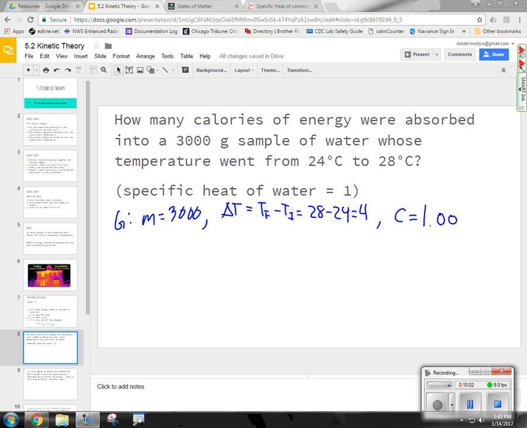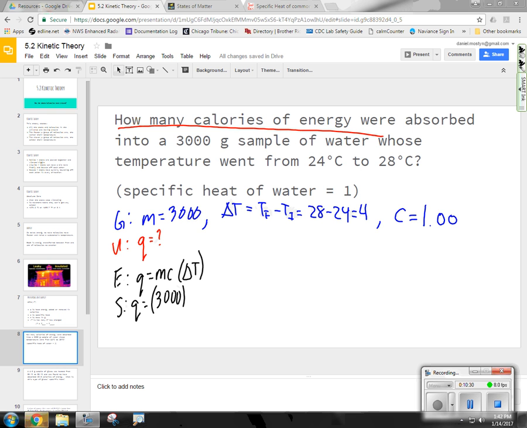Unknowns. Well, we're looking for the amount of energy that was added. So, we're looking for Q, because Q stands for heat energy. Our equation is Q is equal to MC times delta T. When we substitute in what we know, that mass is 3,000, we know C is equal to 1.0, and we know delta T is equal to 4.